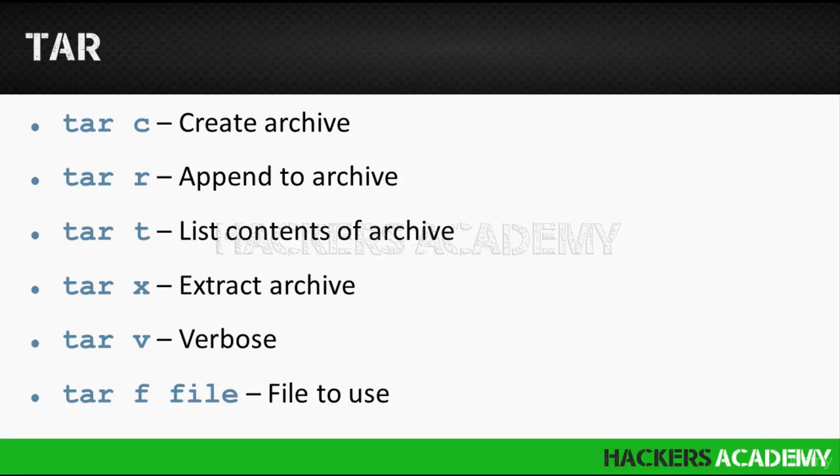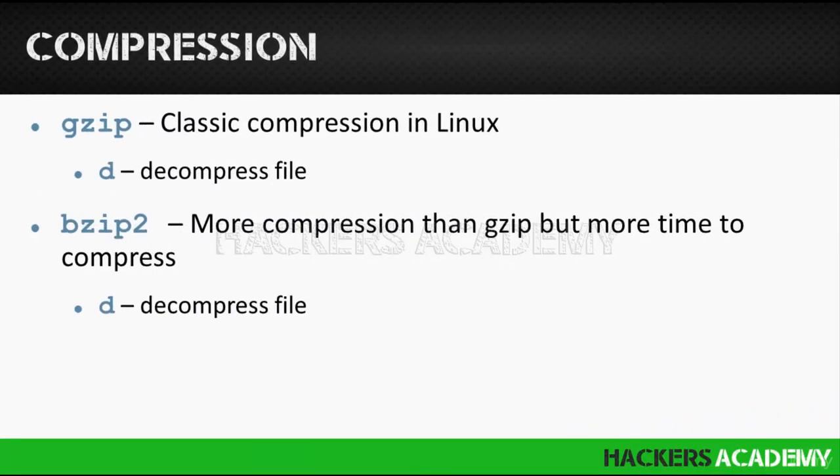If we want to compress our archive, we use one of two tools usually, either gzip or bzip2. Gzip is the classic compression in Linux. bzip2 has more powerful compression, but it takes a little bit more time to compress. Now, frankly speaking, the difference is negligible. You wouldn't really notice any difference if you're working on small files.